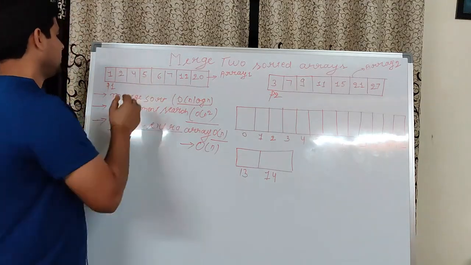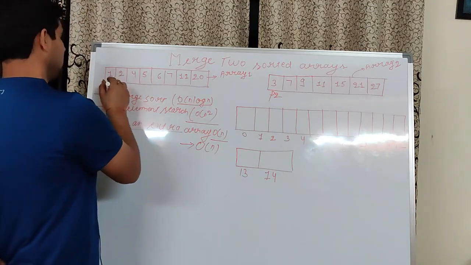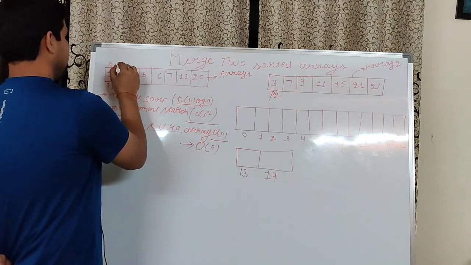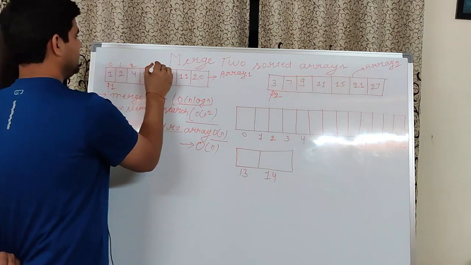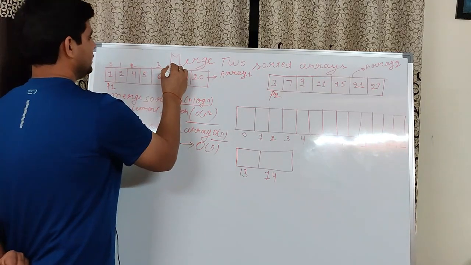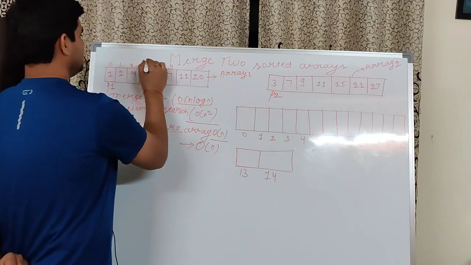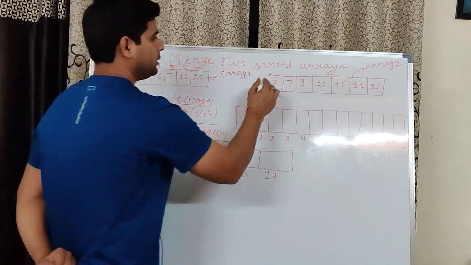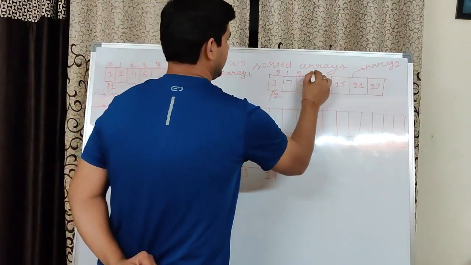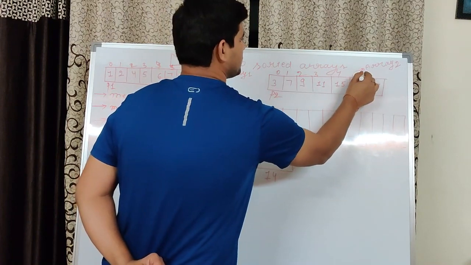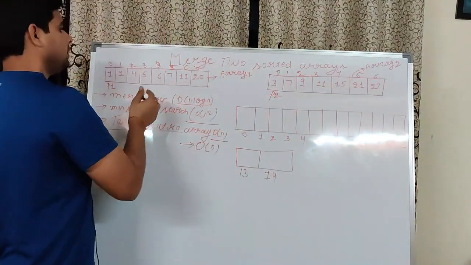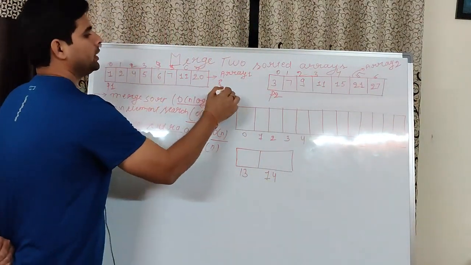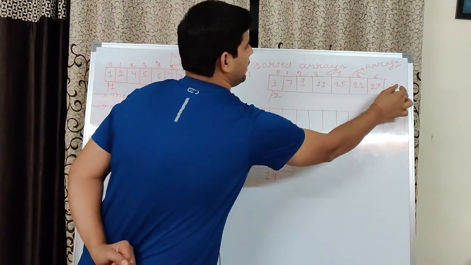So initially these are my indexes 0 1 2 3 4 5 6 7, and here is my index. Array 1 has 8 elements and array 2 has 7 elements.